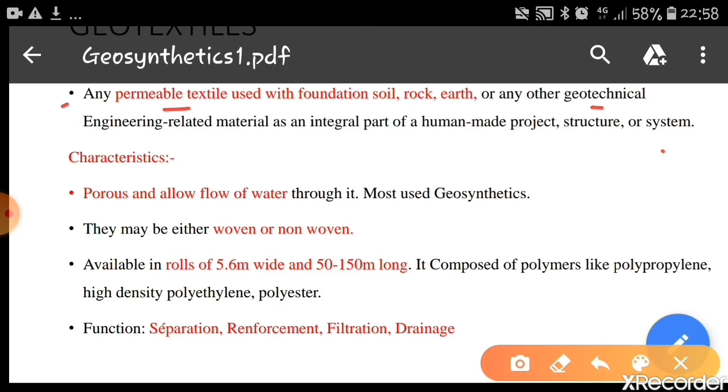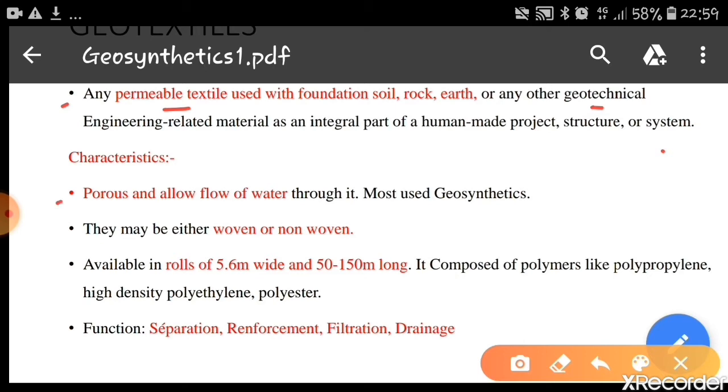So these are permeable textiles. Permeable is nothing but they will allow the water to flow through them, whereas they are used for some other purposes. They cannot be used to hold the water, or as barriers which will prevent the entry of water, but they will allow the water. Based on that they can be used for some other purposes.